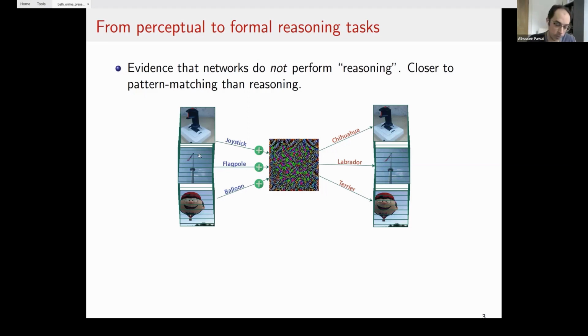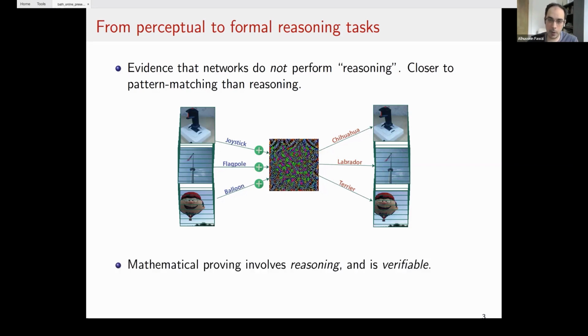So you get classified completely as a dog, no matter what your original image is, even though the original image and the perturbed images are very close to each other. These classifiers are not really saying, okay, I have an animal with these characteristics, and therefore it's something much closer to pattern matching.